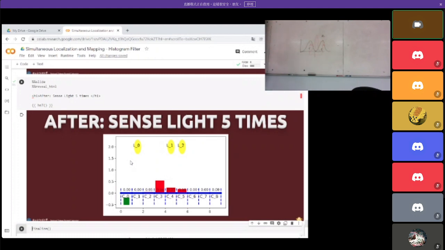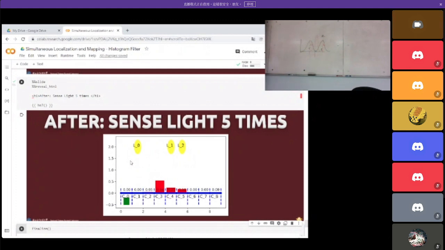That's why you really cannot use the histogram filter in a practical SLAM domain, in the navigation domain. Computationally, it is not very efficient.